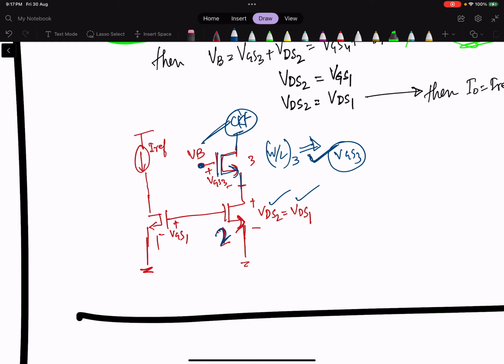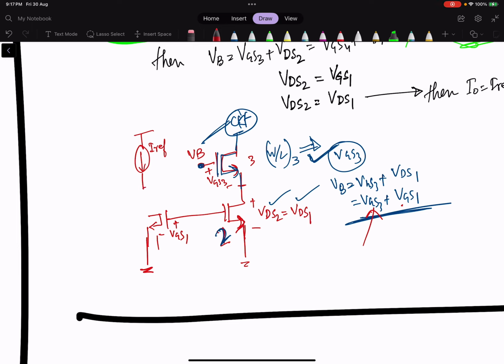Okay, so we know the VB requirement is VGS3 plus VDS1, and VGS3 plus VDS1 is VGS1. So two drops. How have we designed this extra VGS3? We need an extra VGS3.